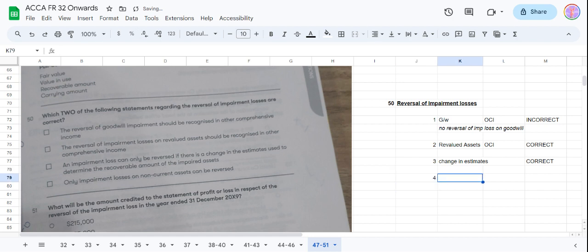Fourth one. Only impairment losses on non-current assets can be reversed. No, that is also incorrect. It is not that only non-current assets we will take.